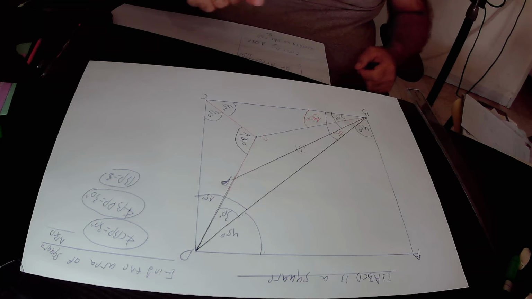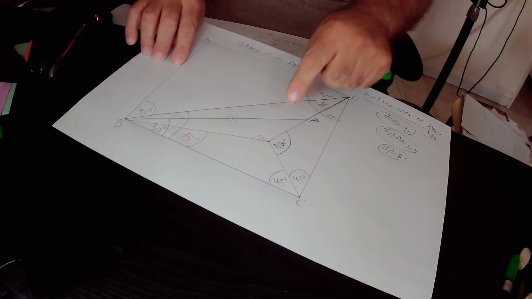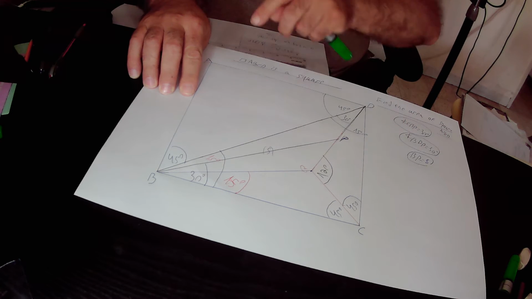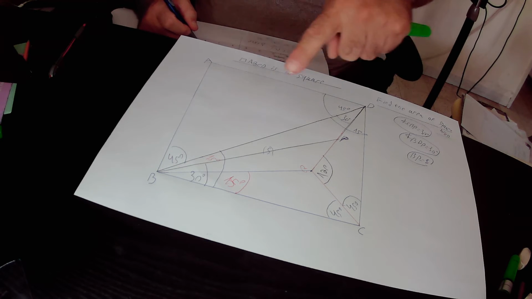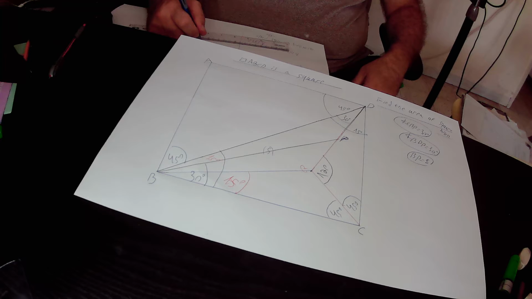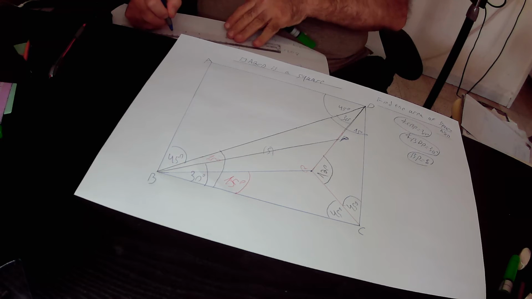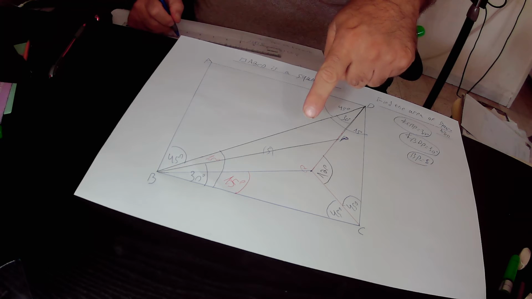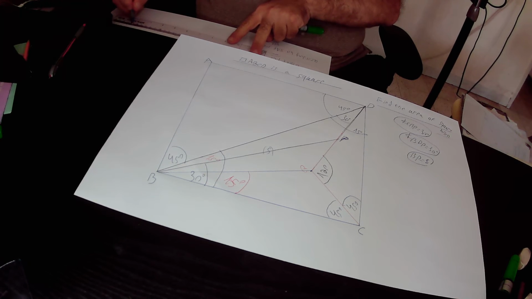So we have to prove that triangle BQC can point to this triangle PBQ according to angle side angle rule.